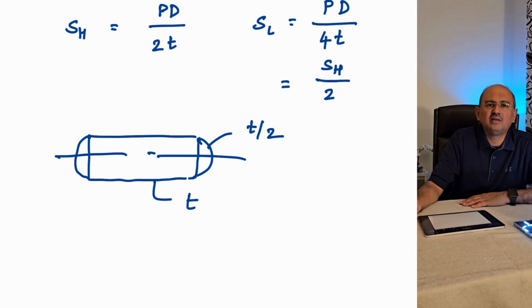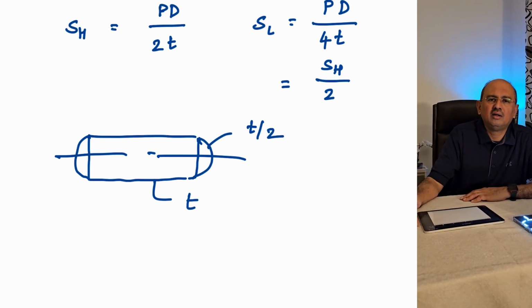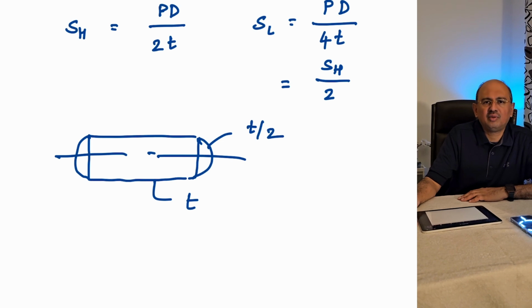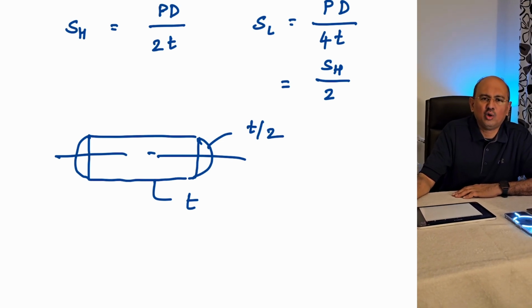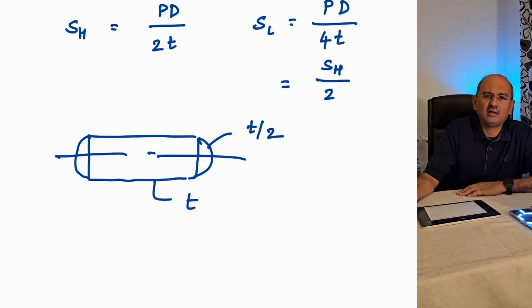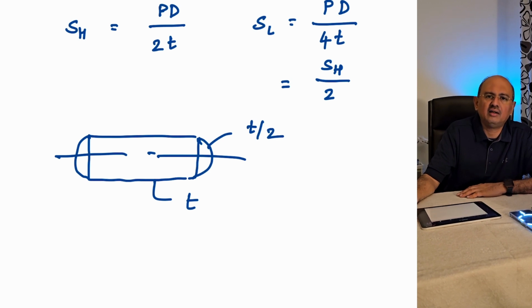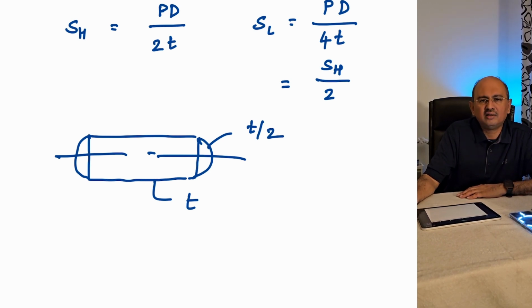Therefore, SH is required for the pipeline thickness calculation, but SL plays an important role in the stress analysis of the pipeline system, where longitudinal stresses are compiled and then analyzed together, and in some cases a component of SH also plays some role in that, which we are going to see in the further lectures.